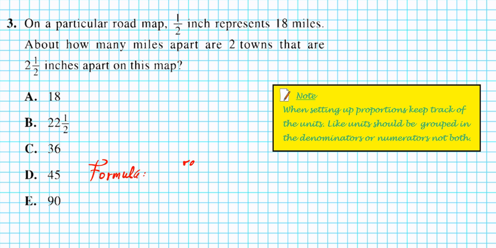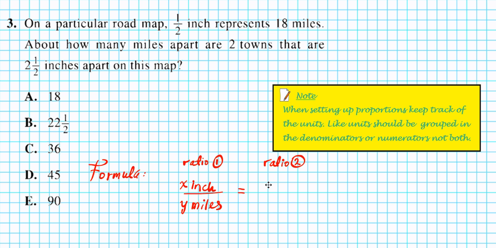We're going to have two ratios. Ratio 1 is going to have a certain number of inches divided by a certain number of miles. So let's say x inches divided by y miles. That equals ratio 2, where you have another set of measurements.